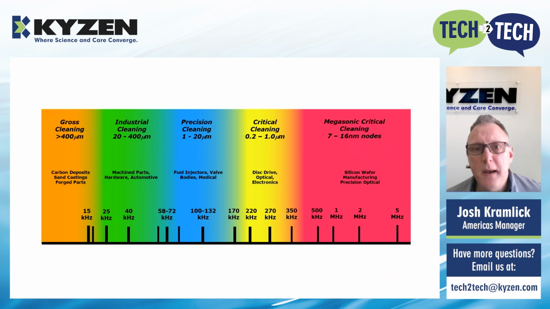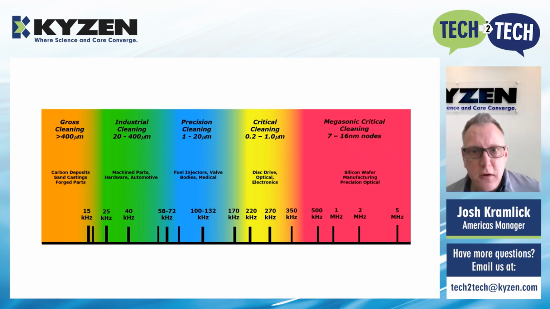Then we move further up the spectrum to what we call precision cleaning, where we're concerned about particle sizes in the range of 1 to 20 microns. These examples could include fuel injectors, valve bodies, medical devices, and those would commonly be cleaned in the range of, say, 60 kilohertz up to 170 kilohertz, with a real center frequency range of 100 to 132 kilohertz.